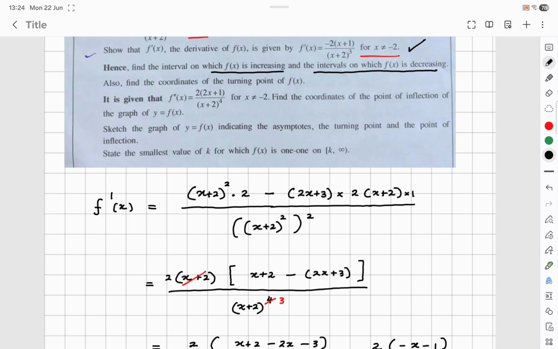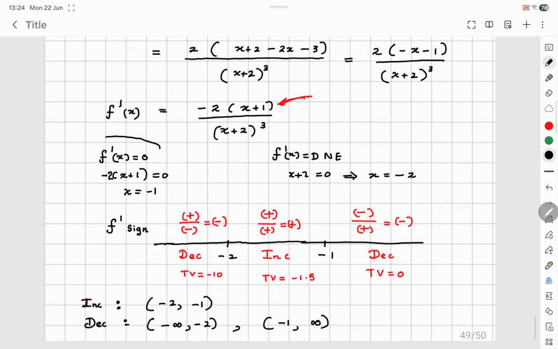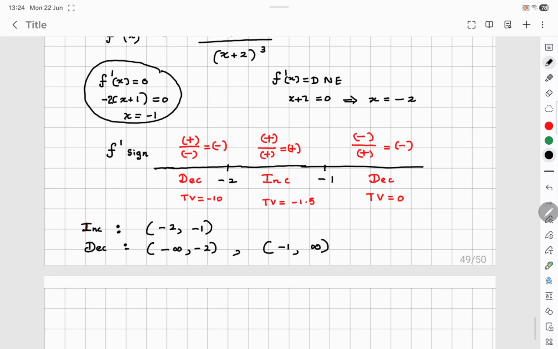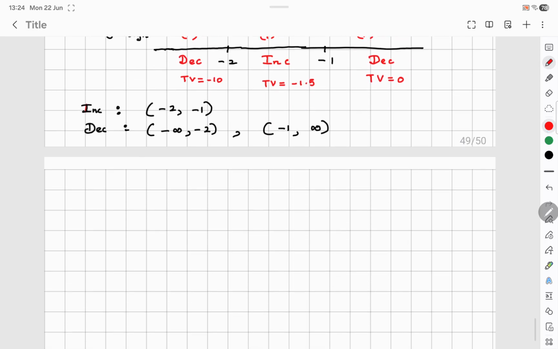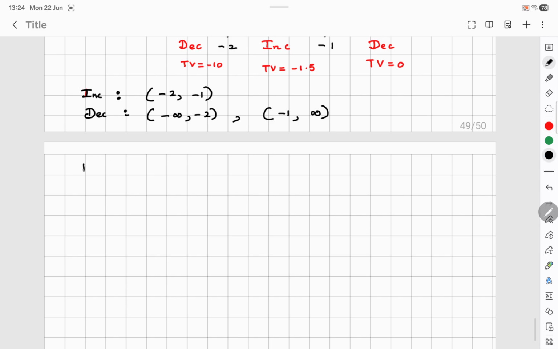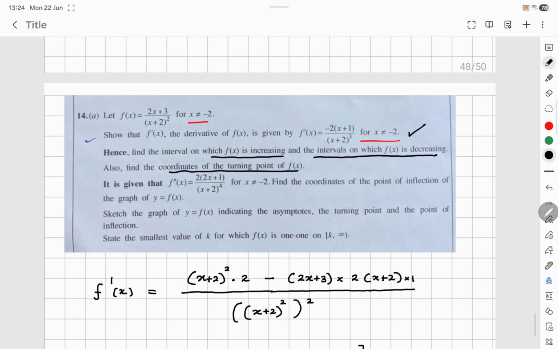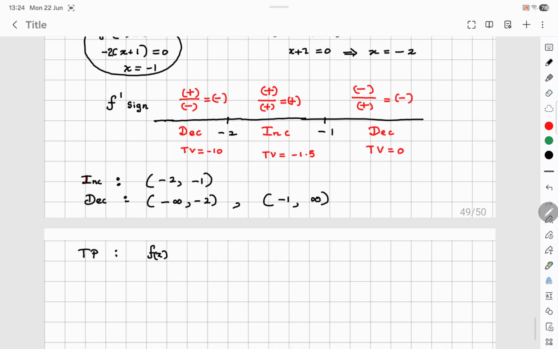And they also want us to find the coordinates of the turning point. The turning point happens at the stationary point, no? So we found x equals minus 1. What is the y value? Substitute into the function to find the turning point's y coordinate. So f(x) equals (2x + 3) over (x + 2) squared.